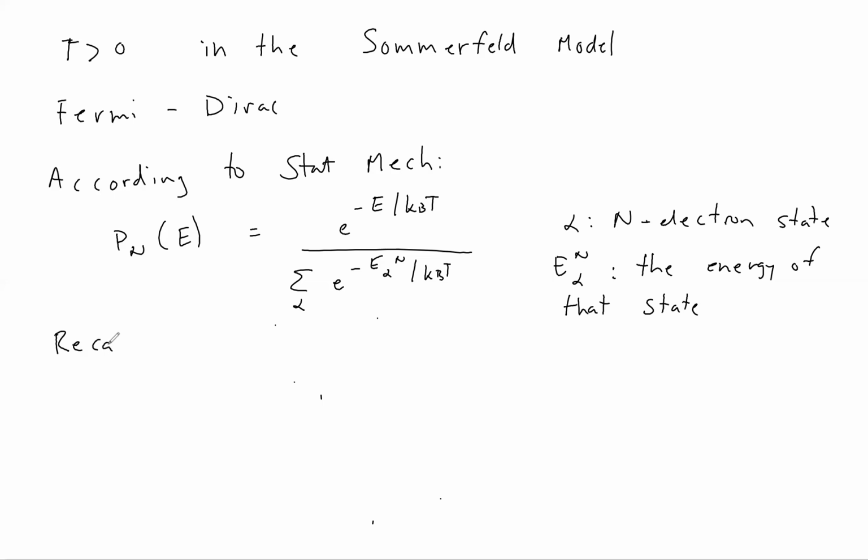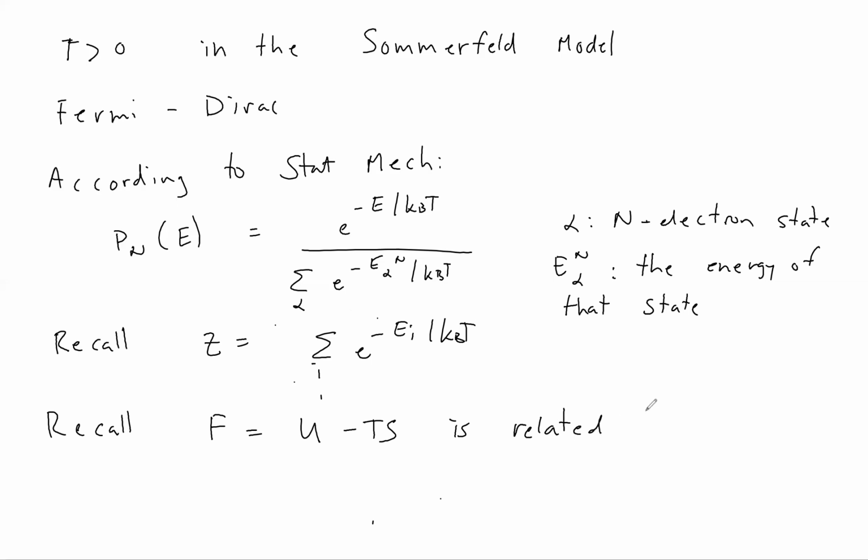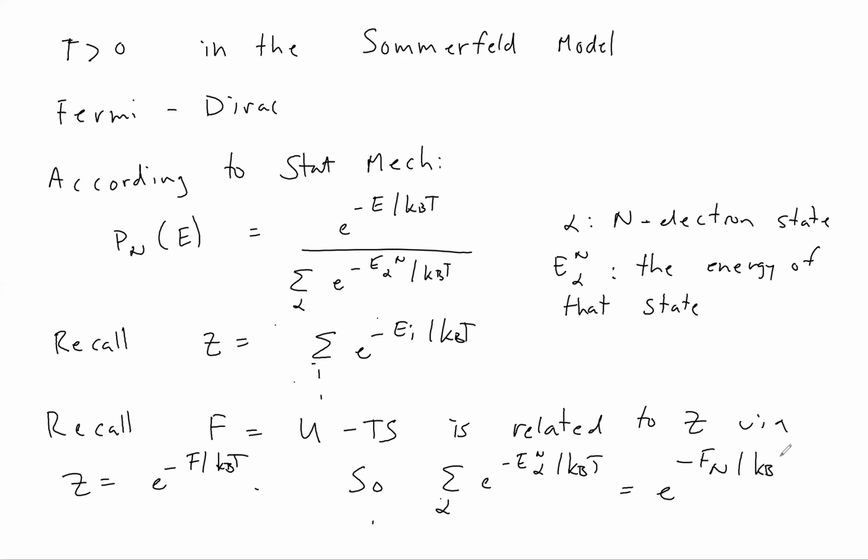Remember that the partition function is generically the sum over all accessible states i of e to the minus E_i over k_B T. Remember also the Helmholtz free energy, F is U minus TS, is related to the partition function by the following: Z is e to the minus F over k_B T. So we can write the sum over all n electron states alpha of e to the minus E_n,alpha over k_B T, the partition function, as e to the minus F_n over k_B T, where F_n is the free energy of the n electron system.